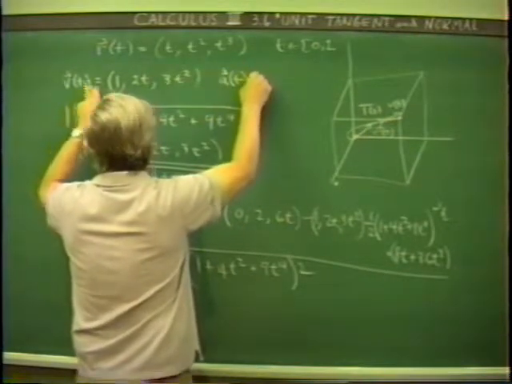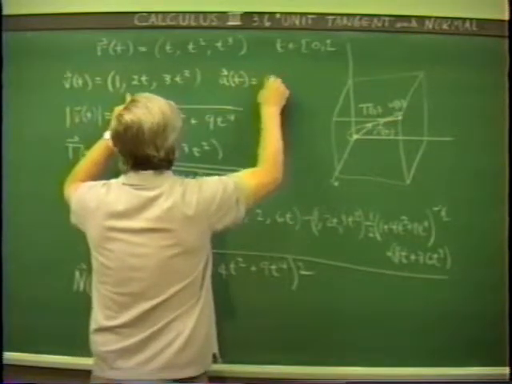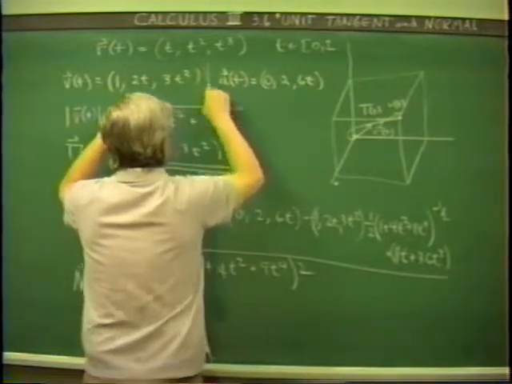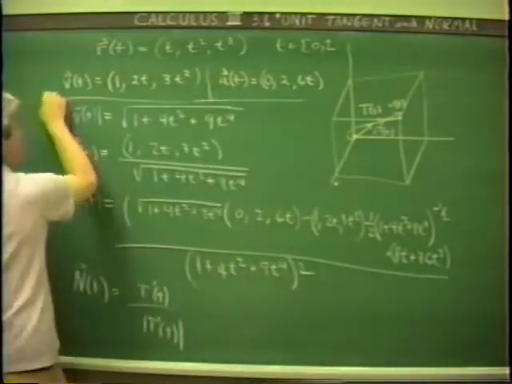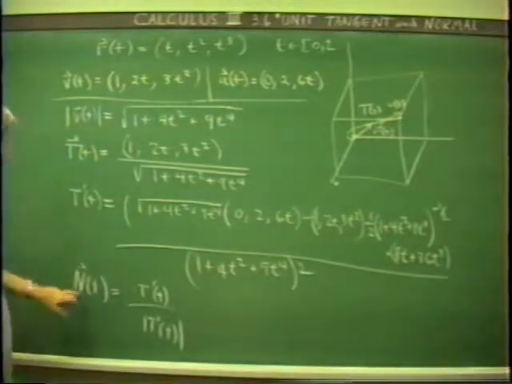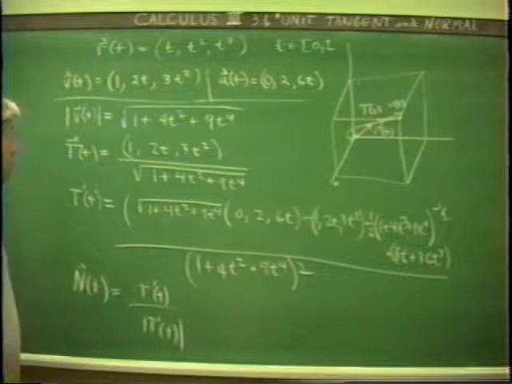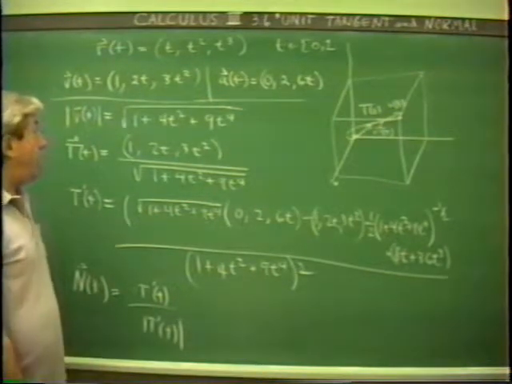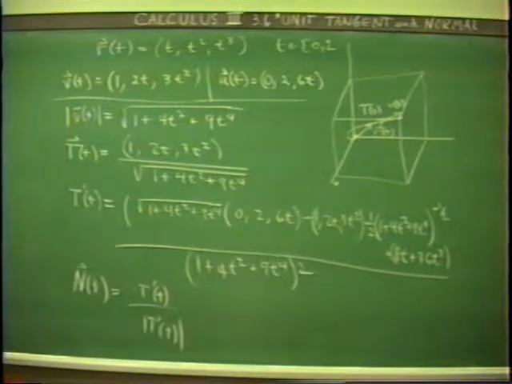Note, though, this is r of t, this is v of t. You can compute a of t very simply here. It's equal to 0, 2, 6t. And so these three things are fairly simple here. However, you frequently wish to write the acceleration in terms of the normal vector and the tangent vector, and that's not going to necessarily be that elegant.